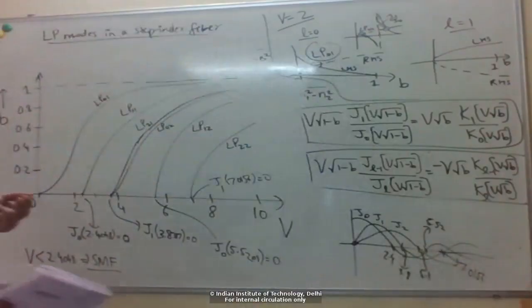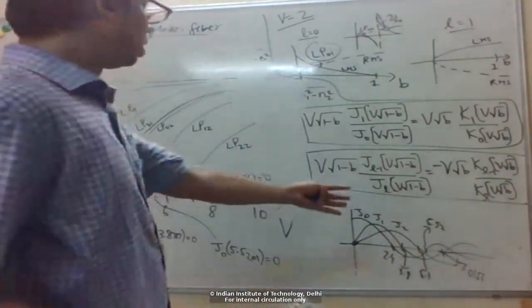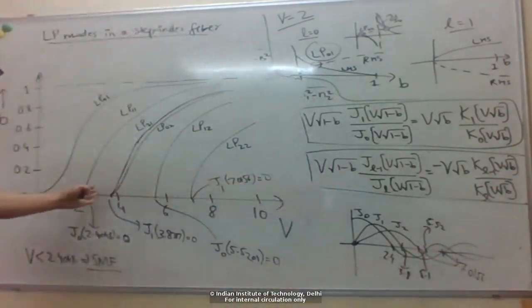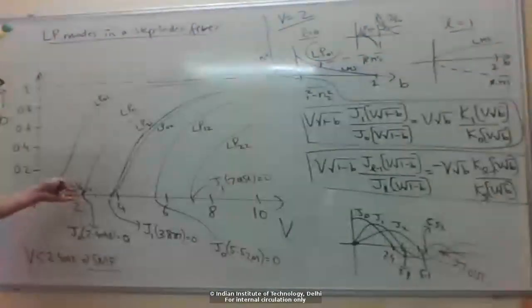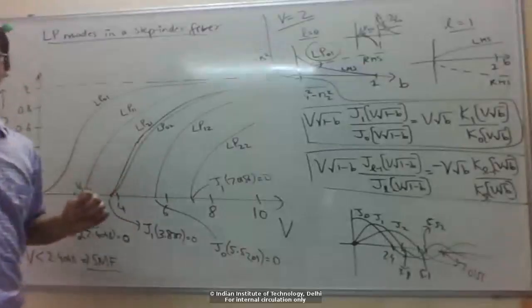So basically from the roots of the Bessel functions, you can find the cutoffs for different modes. The point at which these modes start existing is known as the cutoff value. So this is V cutoff for LP11. LP01 has no cutoff, it always exists. The modes only exist if V is more than the cutoff value.